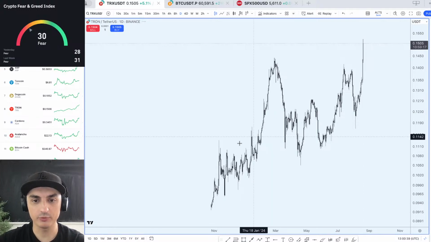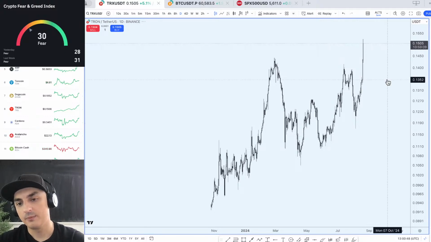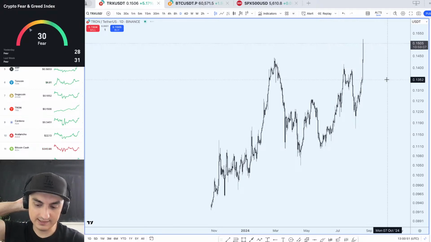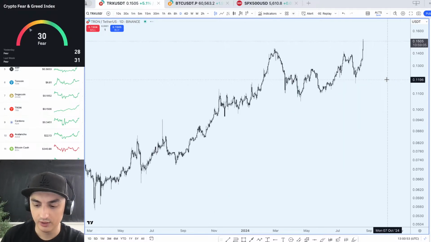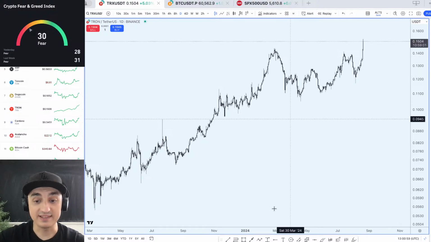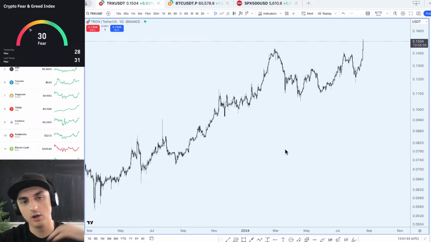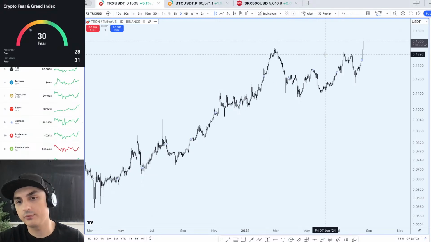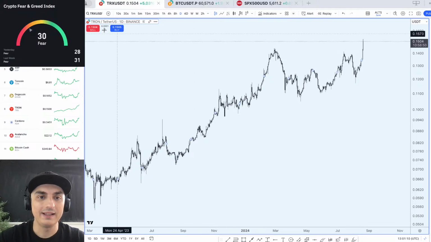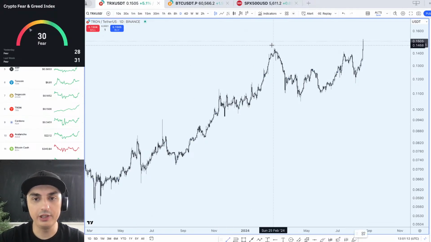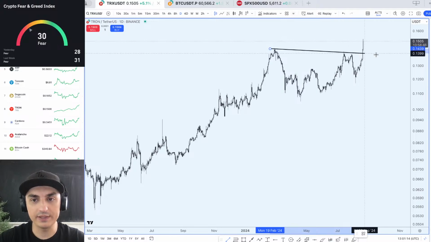You can see from 2024, Tron is basically in an uptrend. Maybe you guys know the reasoning for that. Like I said, this is surprising price action compared to what we see on the markets, especially the markets of old timers, those coins that have been on the market for a really long time, and Tron is one of them.